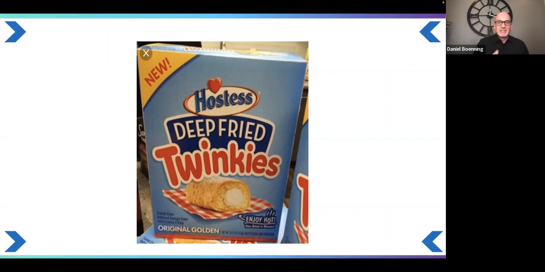This is what our culture does, and you've seen this live. This is at Walmart. I mean, this is a real thing. And they have the chocolate flavor too, by the way, if you like that. But these are frozen, deep fried Twinkies. I say this every time because it shocks me, but look, enjoy them hot, warm them up in your microwave. That's high calorie malnutrition.